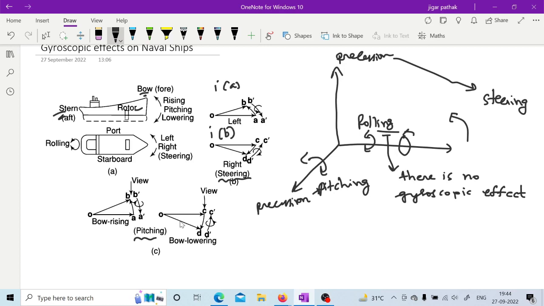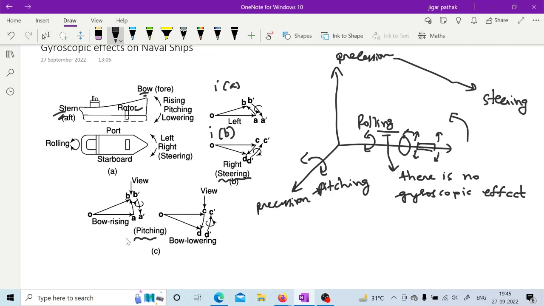Yes, sir. Okay. And similarly for pitching also, let us see what is going to happen. Here in pitching, if you are viewing from this direction, when the bow is rising, as I have told you, the ship rotates about this axis, means it will go up and down like this, on both sides, right?